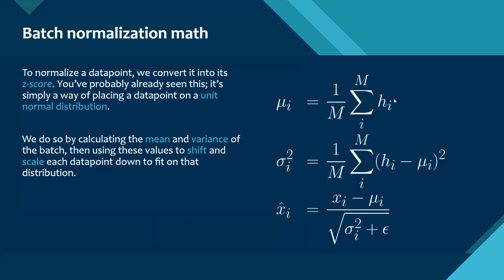So this is the mean, and then we also calculate the variance, and then we just do a normalization. This epsilon here is simply a term so we don't divide by 0. You might remember doing that in the second lab with the sigmoid loss function. It's a similar motivation. So does this normalization process make sense?